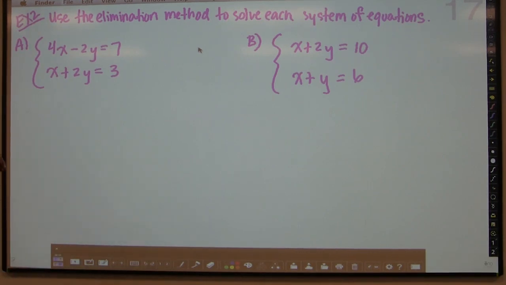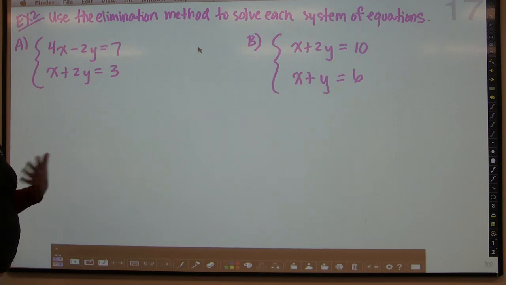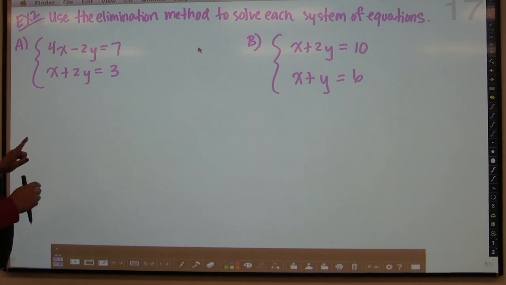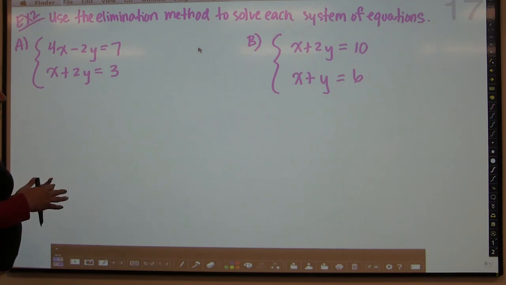So again, we're going to have three equations, but like I was saying, when you use elimination, you want to add the two equations together, and one of the variables should cancel or eliminate, which is why we call it elimination. So again, the goal here is to get one of the variables to have the same coefficient with opposite signs. Okay?